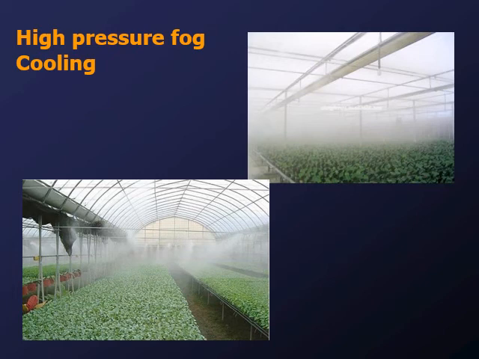And if we cool the cuttings, we reduce respiration, which means that the cuttings don't use up their own energy reserves as quickly. So they have enough stored in the leaf to drive the root growth necessary to get that cutting rooted. So fogging is pretty essential if you're rooting anything in the summer months to make sure that you actually have success.